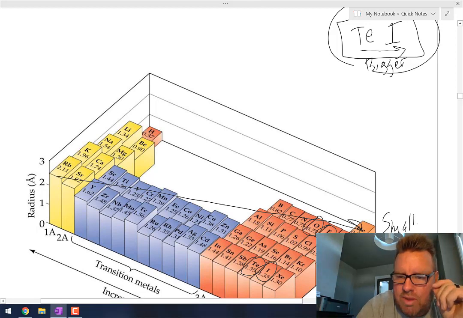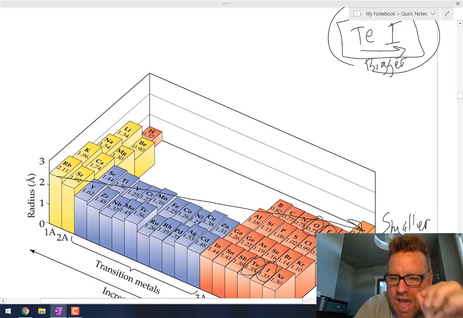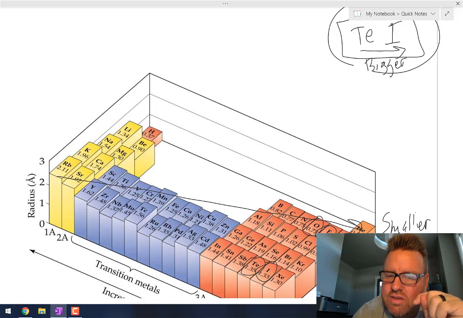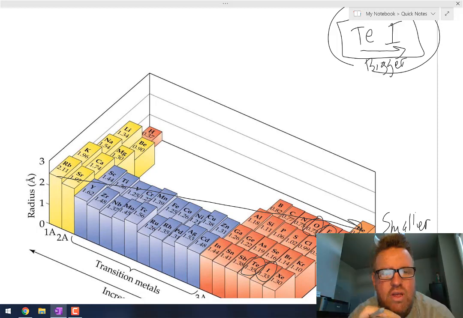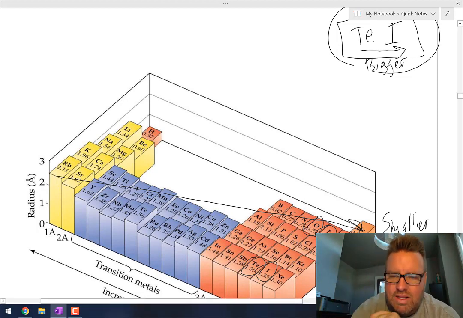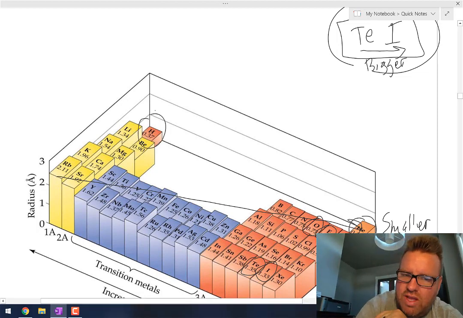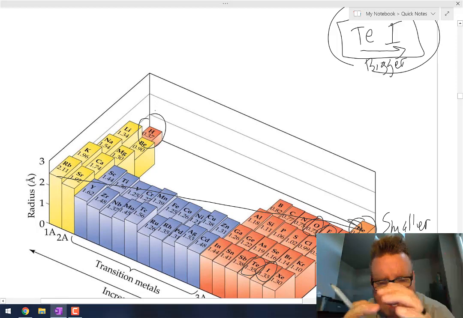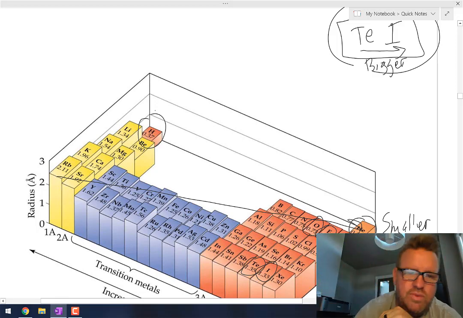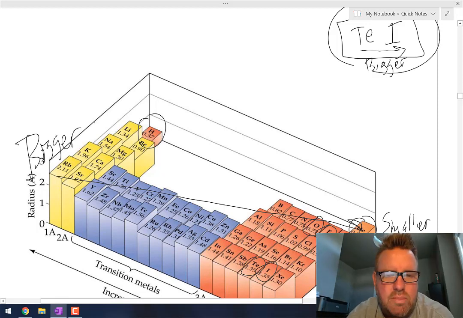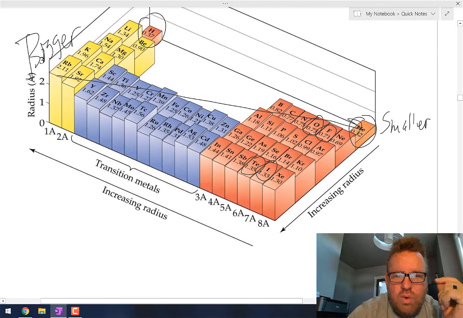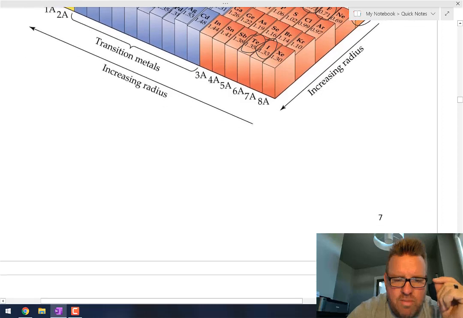So helium is the smallest atom on the whole periodic table, even though it has more protons and electrons than hydrogen does, because both of those atoms only have electrons in the 1s subshell. And since helium has 2 protons and hydrogen only has 1, there's more attraction. That's going to bring those electrons in a little bit closer. So smaller, and then again down in the bottom left is bigger. Okay, and that is what we're going to discuss here in terms of atomic radius.